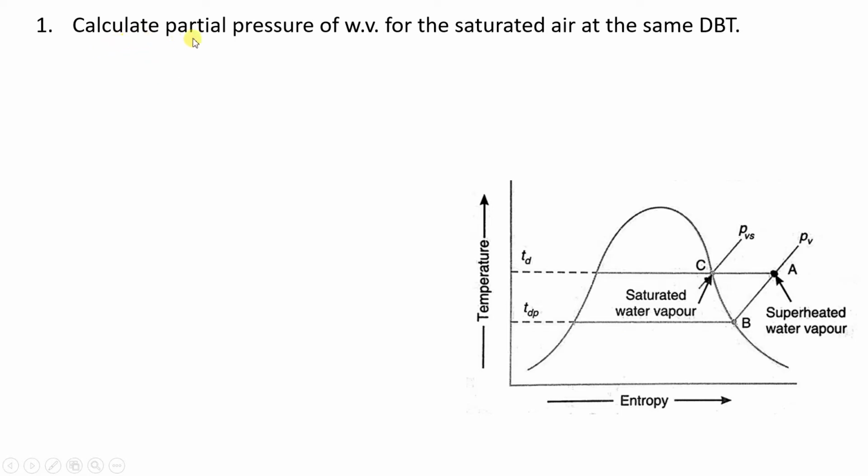First, we will calculate the partial pressure of water vapor for saturated air at the dry bulb temperature. So we will calculate PVS. How to calculate PVS? PVS will be equal to Psat at the dry bulb temperature. So the first step is PVS equals Psat at the dry bulb temperature.